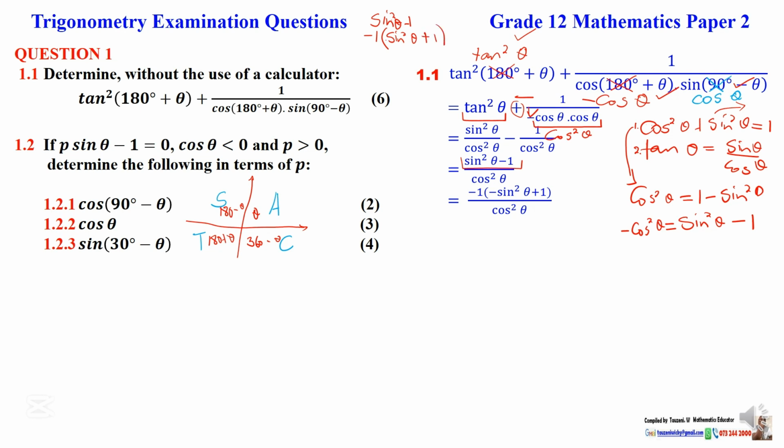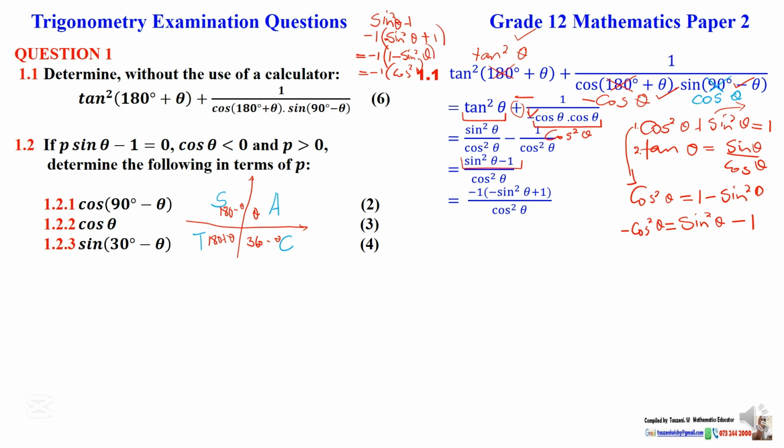This is how your expression looks like. So if we rewrite this expression starting with the positive term, then it will be 1 minus sine squared theta. And 1 minus sine squared theta is the same as cos squared theta. So that's what we are doing here.